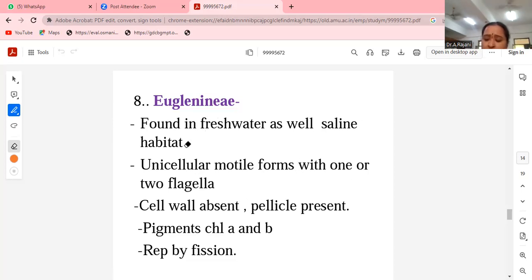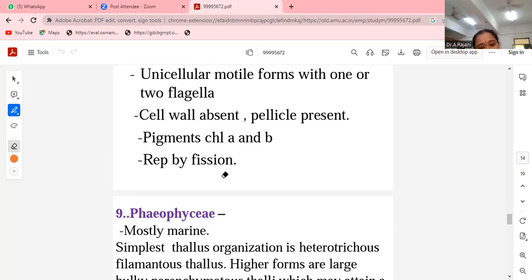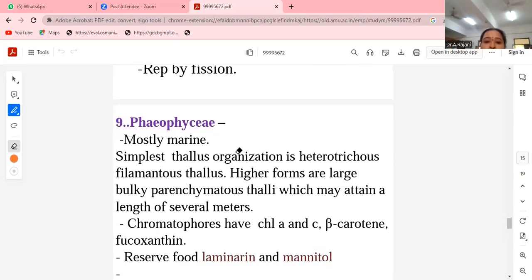The thallus is a microorganism. Motile flagella are present, two arising from the base, and canal-like invaginations are present in the vacuoles. Reproduction is by fusion, sometimes isogamous also.